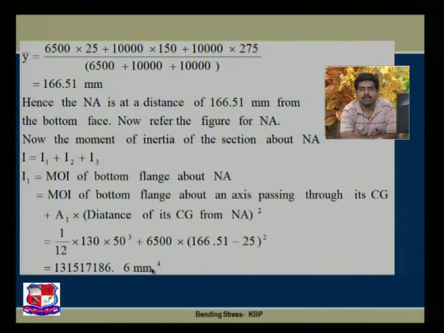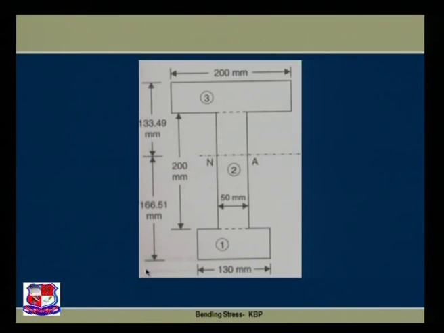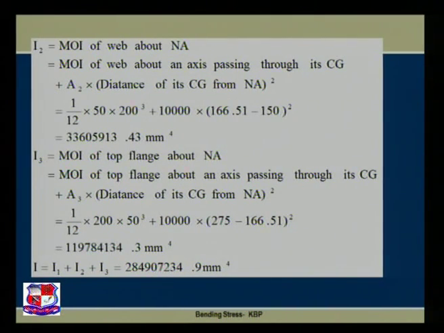Similarly, you can find out the value of I2 and I3 right now by yourself. And we found out as it is given over here, and summation of all the three, we achieve I as 284907234.9 millimeter raised to 4.